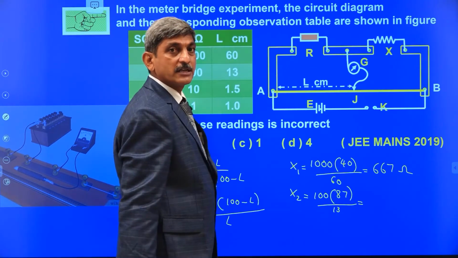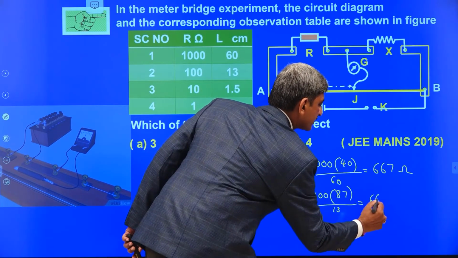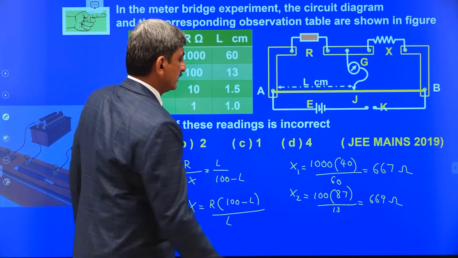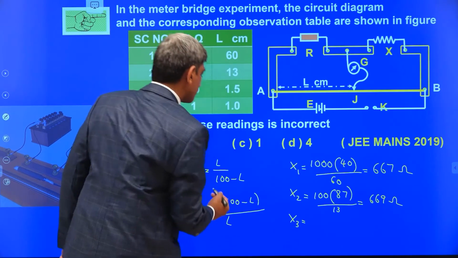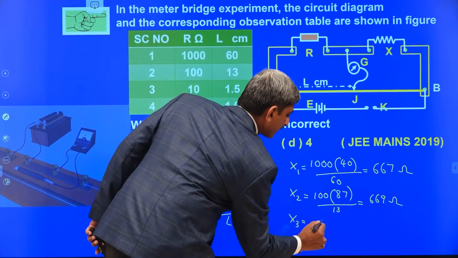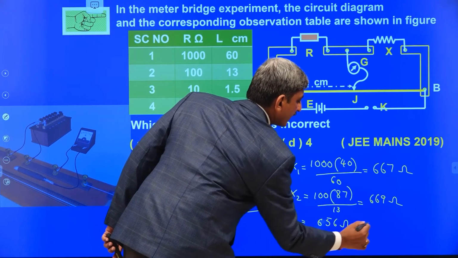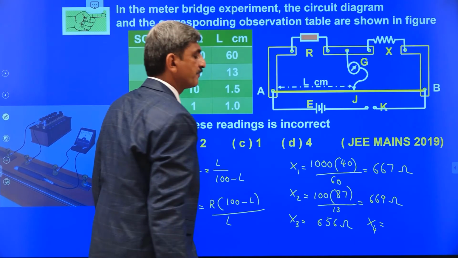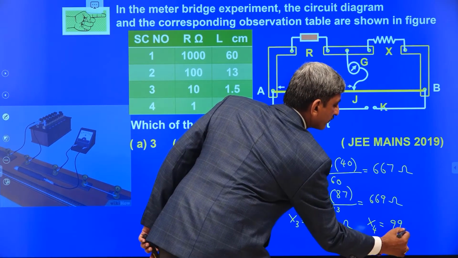So using the mathematical calculations, if you simplify this, you will get it as 669 ohms. Similarly, if you determine X3 value by substituting the numericals, you will get it as 656 ohms. And if you determine the resistance value in the 4th case, it is found to be 99 ohms.